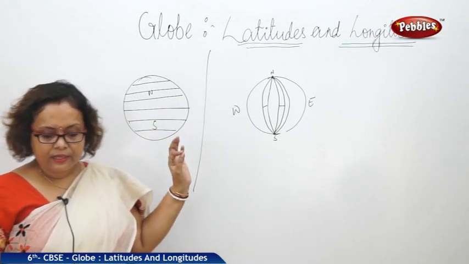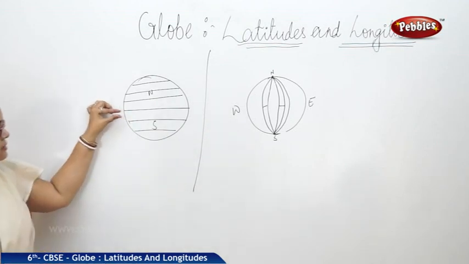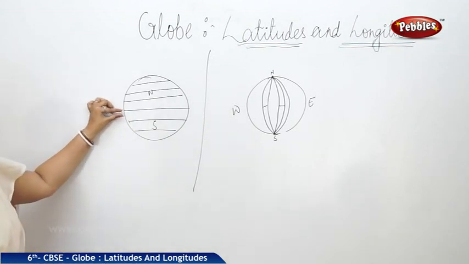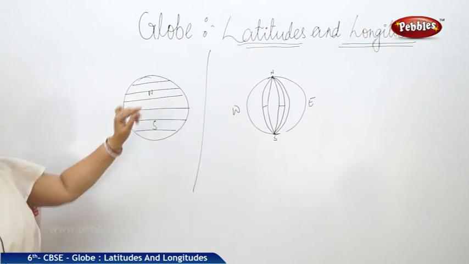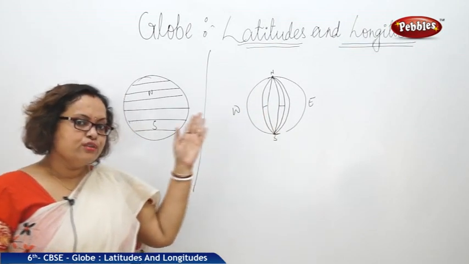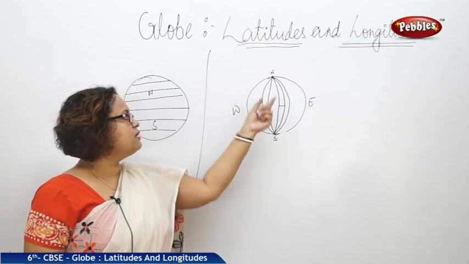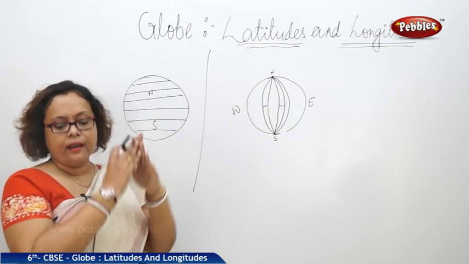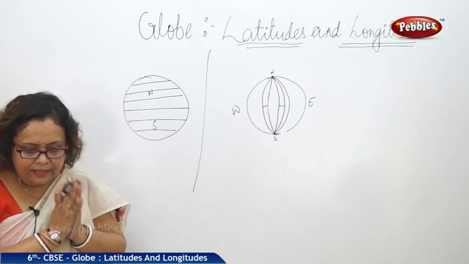What is the next thing we can understand here? That the parallels, the distance between them is always equal. But the distance between the lines of longitude is not equal. It is more at the equator and they join at the pole.